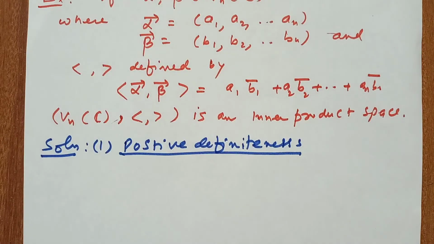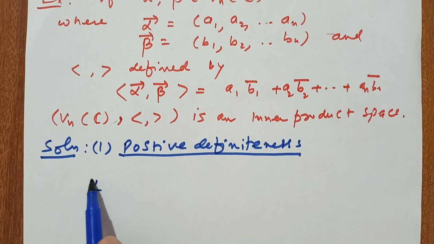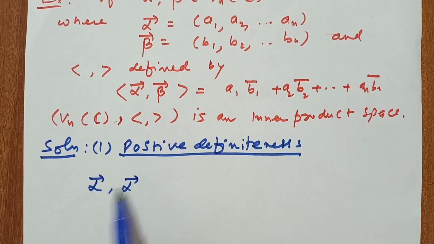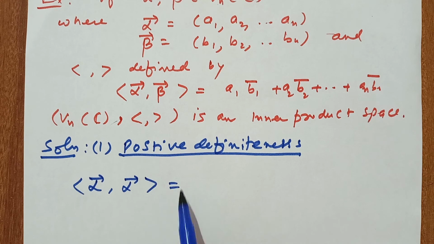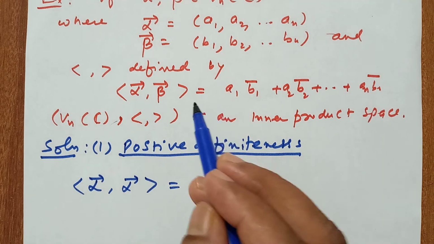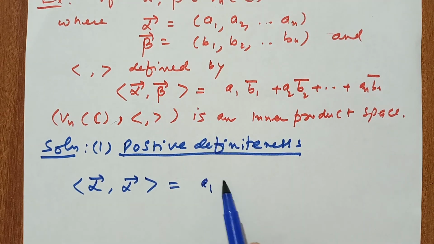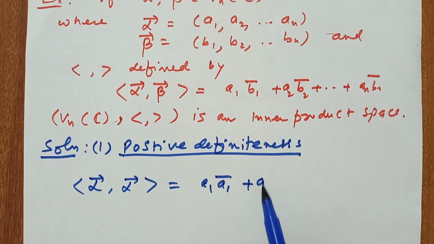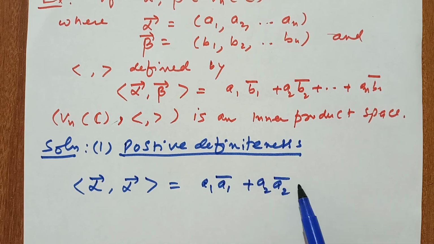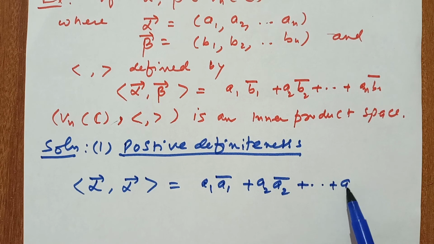So now inner product of alpha, alpha equals a1 a1 bar plus a2 a2 bar plus up to an an bar.